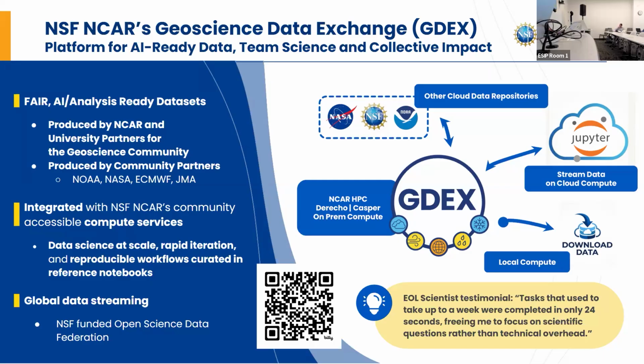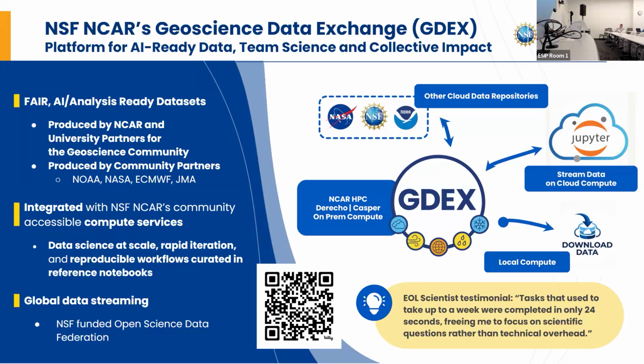We host quite a few curated data sets. These include data sets produced by NCAR and university partners for the geoscience community. Then we also have the complementary or redundant data sets from community partners such as NOAA, NASA, ECMWF, JMA. Some good examples of these are the ECMWF ERA5 reanalysis, JMA reanalysis products, also NOAA National Weather Service forecast products.